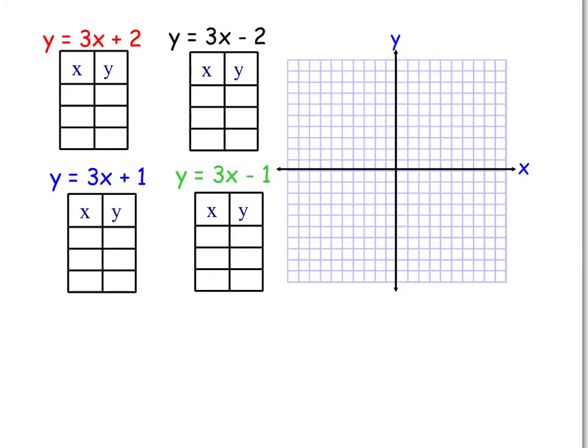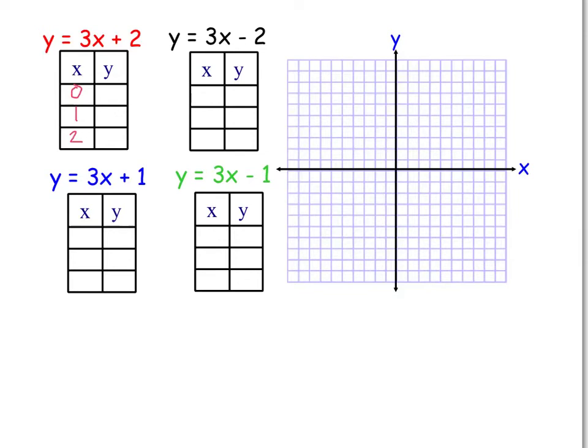Okay, so we're going to skip a little bit and say, now what if we just had a box with x's and y's? Could we do this? Yeah, you're going to have to do these problems either in your head or somewhere off to the side. We're going to try doing them in our head. Let's stick with 0, 1, and 2 so that we don't do any tricky negative business in our head.